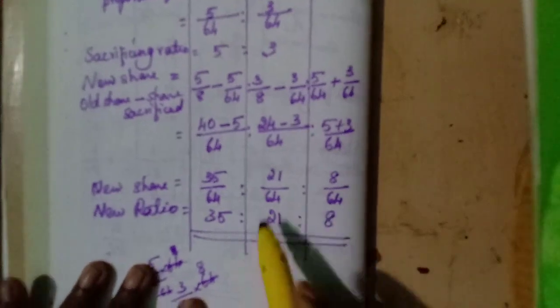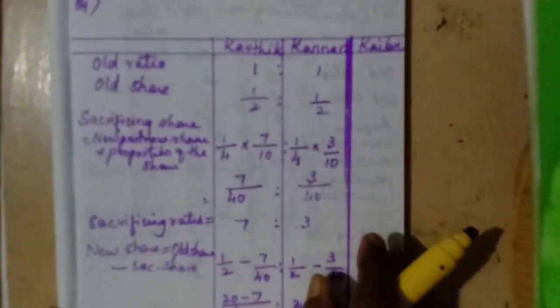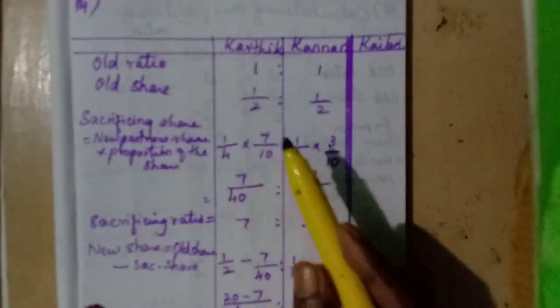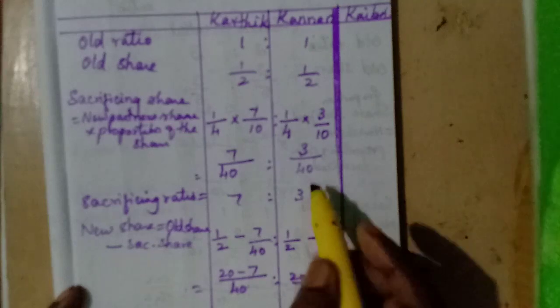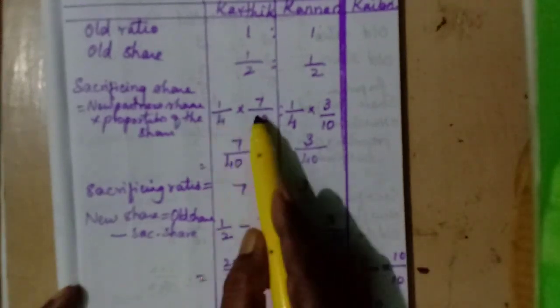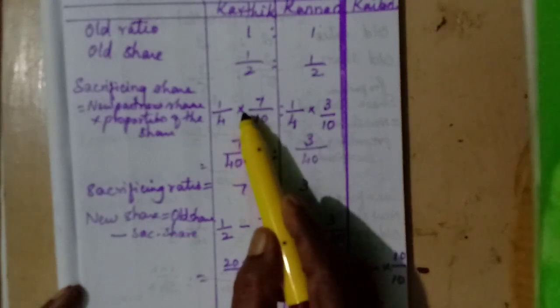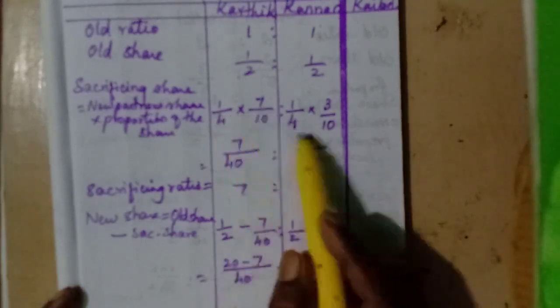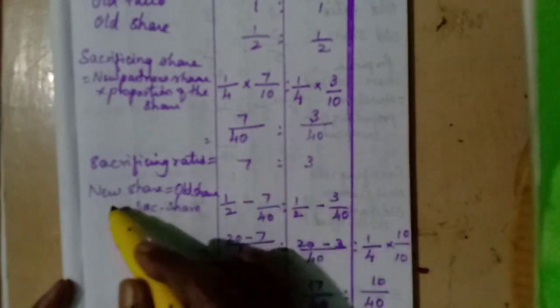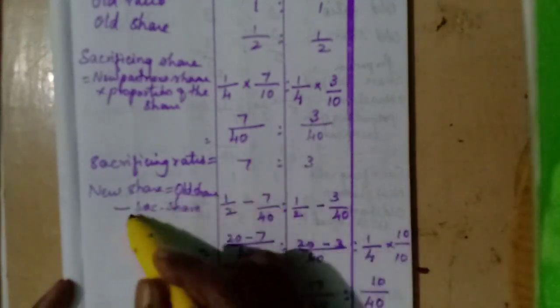Okay. Then the same model. Okay, proportion of the share sacrificed given. We should multiply by the new partner's share. We will get sacrificing share and ratio, when new share is equal to old share minus sacrificing share.